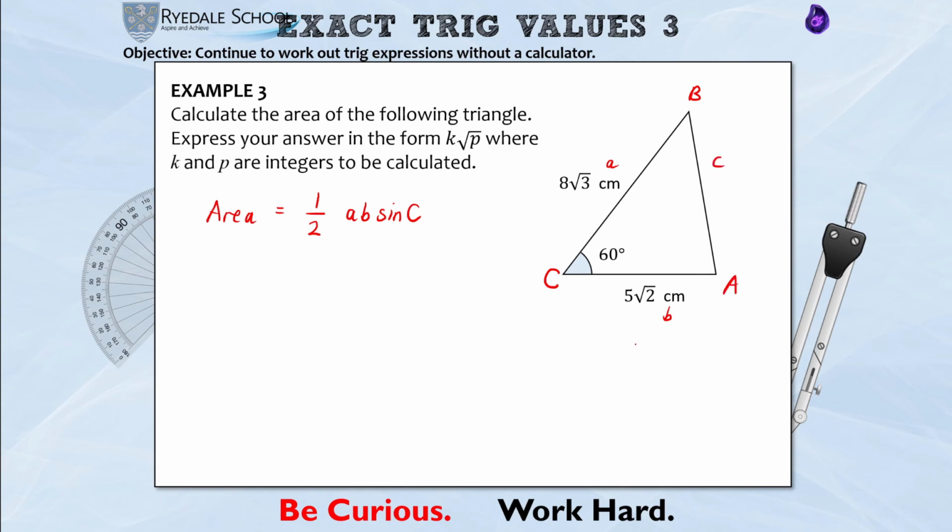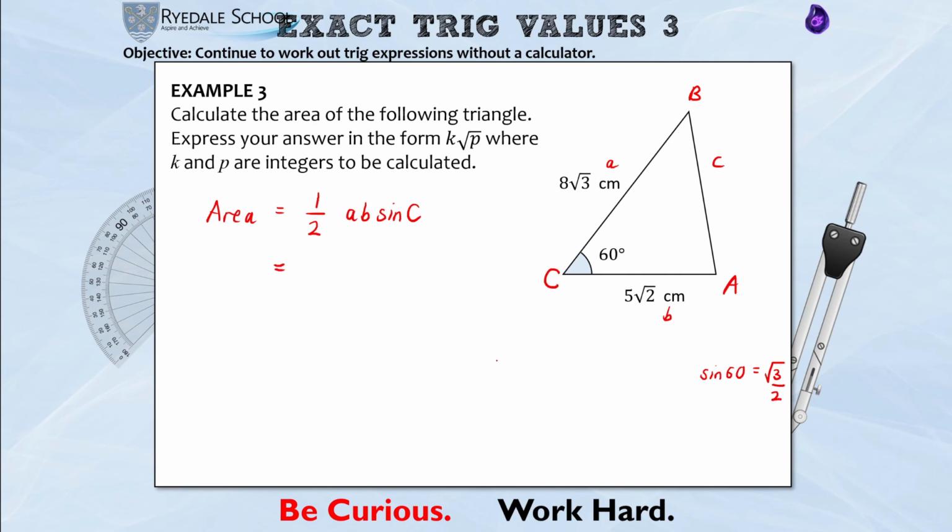It doesn't matter which one you call A, which one you call B, it all works out the same. So you can quickly see I'm going to be using sine of 60. And I know that sine 60 is root 3 over 2.